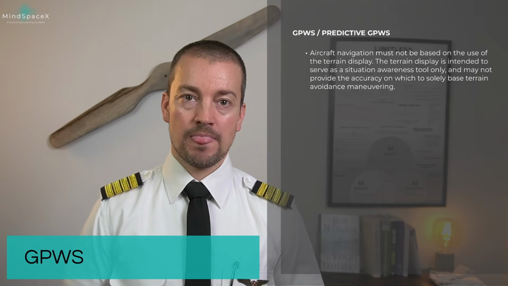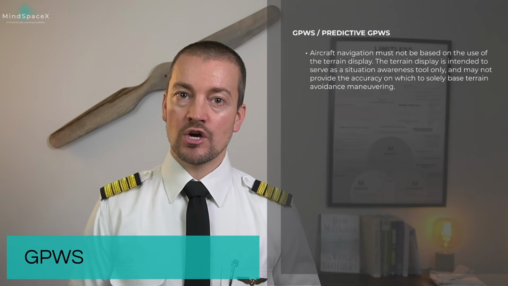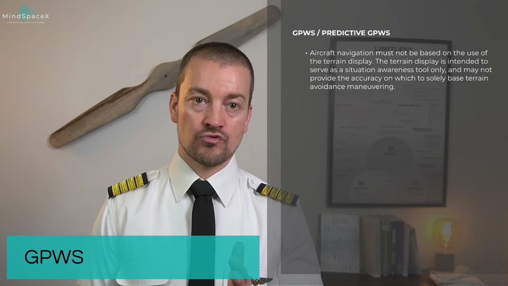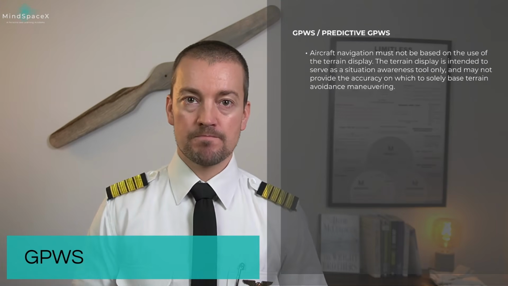The ground proximity warning system, which we covered in the surveillance part of the A320 ground school, had limitations on the use of the predictive GPS function. That means when you're using terrain featured databases. The aircraft navigation must not be based on the use of the terrain display.